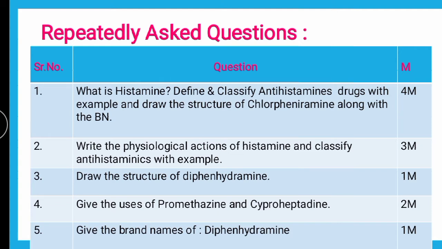Chlorpheniramine is an H1 receptor blocker which belongs to the first generation propylamine class, which we also call alkylamines. Why does it belong to the propylamine class? If you give the structure of chlorpheniramine, chlorine will be there, phenyl will be there, and then the pyridine heterocycle is there.